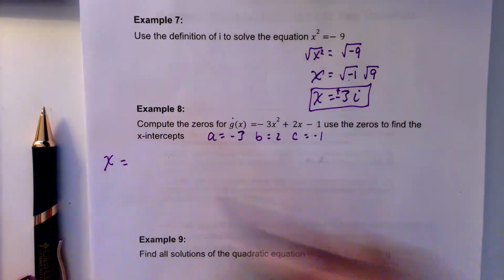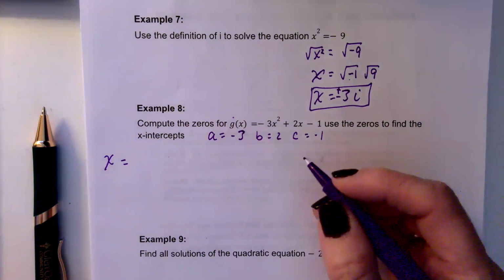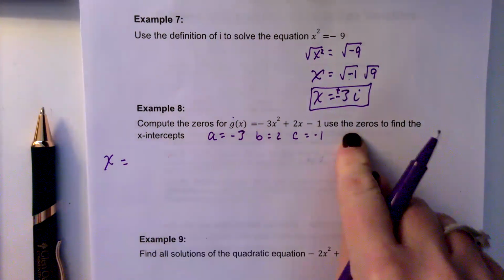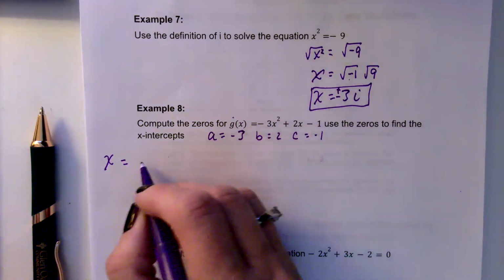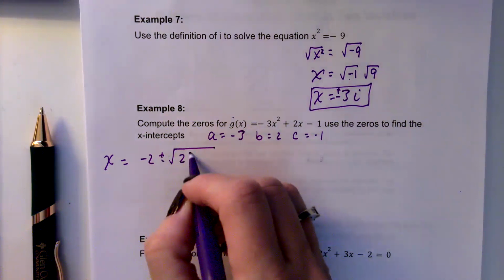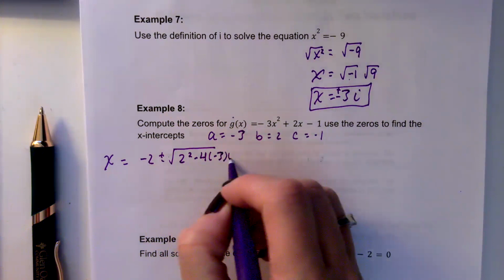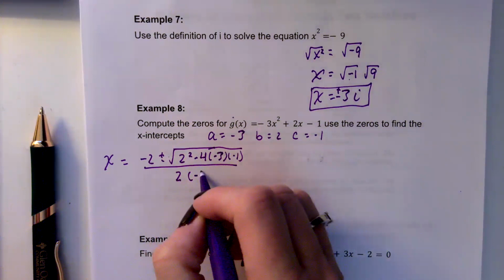So my x-intercepts are going to be the opposite of b, so -2, plus or minus the square root of b squared minus 4 times a times c, all over 2a.